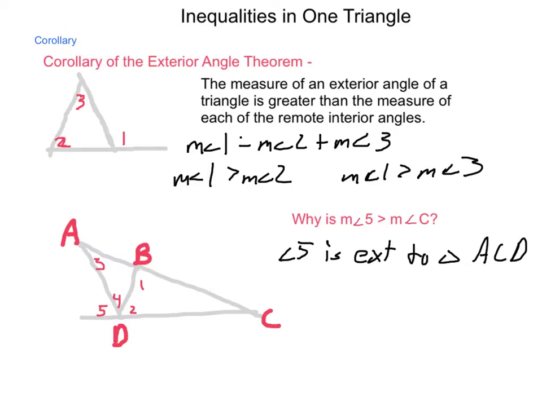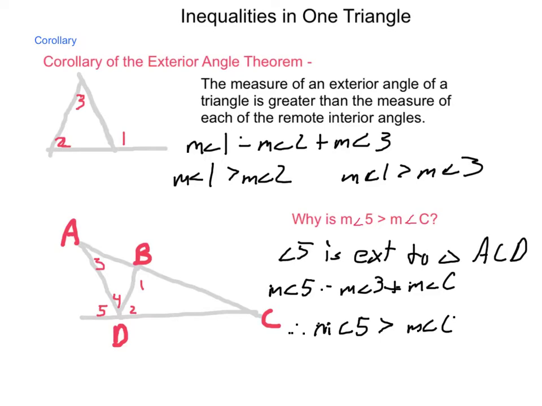And by that, the measure of angle 5 is equal to the measure of angle 3 plus the measure of angle C. Then, invoking the corollary of the exterior angle theorem, we can say, therefore, the measure of angle 5 is greater than the measure of angle C. So again, a corollary is a conclusion that can be drawn easily from a theorem or postulate, and this one works out just this quick and simple.